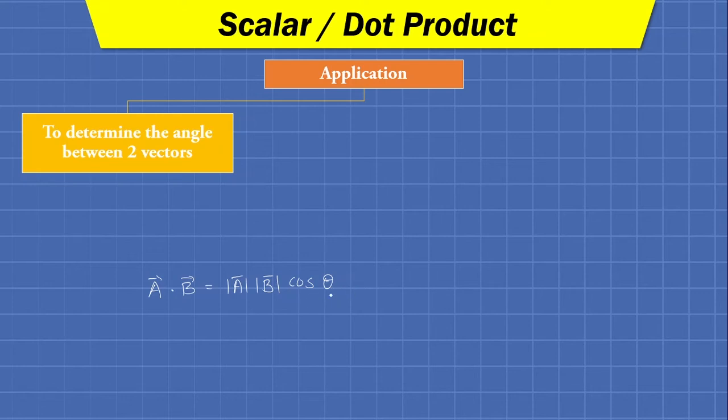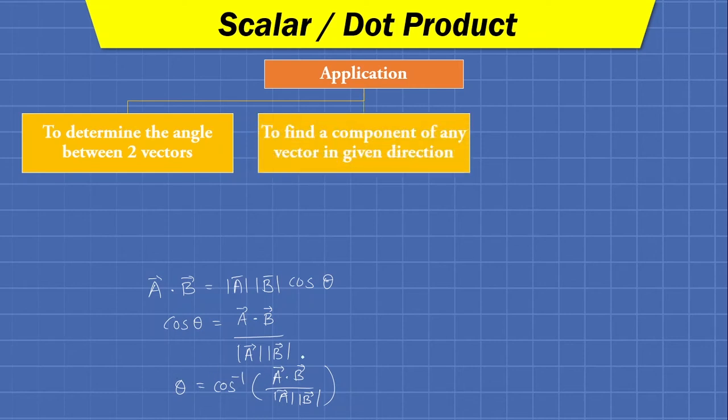So if I want to find the angle between these two vectors a and b, I will make cos theta the subject of this equation, and my equation will turn out to be a bar dot b bar divided by modulus of a bar modulus of b bar. Now again, if the cos function goes to the right hand side of the equation, it will be cos inverse of a bar dot b bar divided by modulus of a bar modulus of b bar. Fine. So this is how we can find the angle between two vectors with the help of dot product.